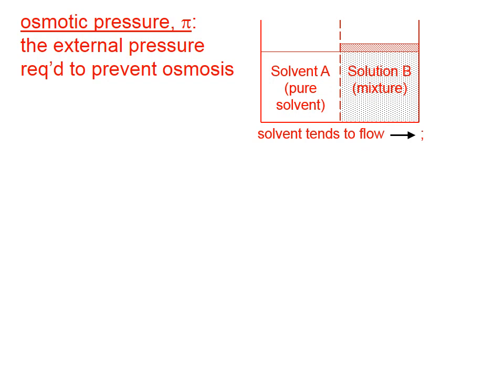What that will do is cause this rubber seal to go up as the volume on the right side increases. If I push down with a certain pressure, I can prevent the flow of solvent from the left to the right. The harder I have to push down in order to prevent solvent from flowing to the right, the higher the osmotic pressure of this solution.